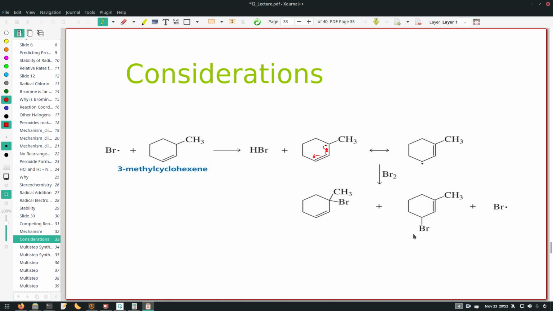Now, typically, and I will say typically, I'm going to ask you this question: I want all products. I will not be asking too often what the major product is. Because while typically it's true that the alkene controls the major product, and since that particular alkene only has 1 hydrogen, you'd likely predict a major product, that's not the only thing that happens here.